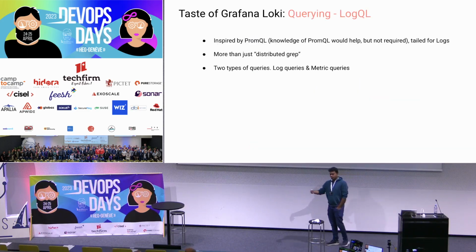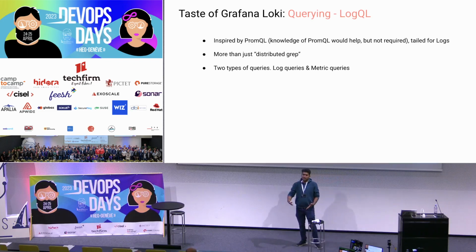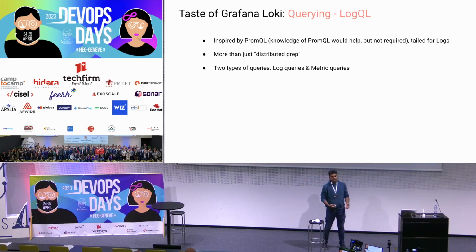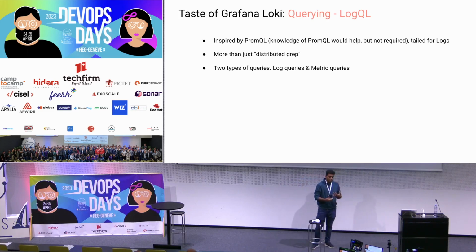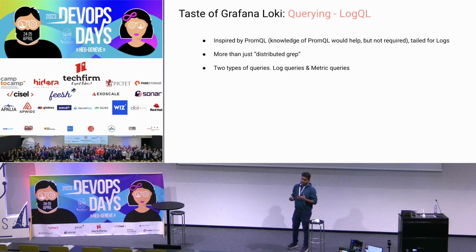Then once you have ingested your logs, the question is how do you query them back, right? We have a language called LogQL. It's inspired by PromQL from Prometheus, but customized mainly for logs. It is not like a grep, where you can only do some kind of matches. It's a bit more than that.